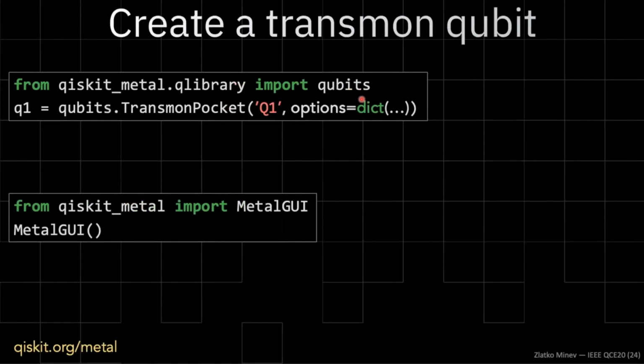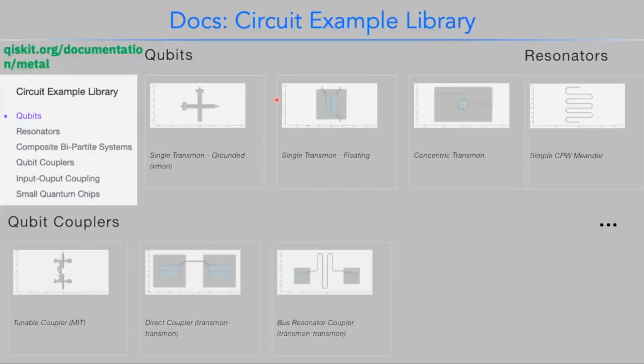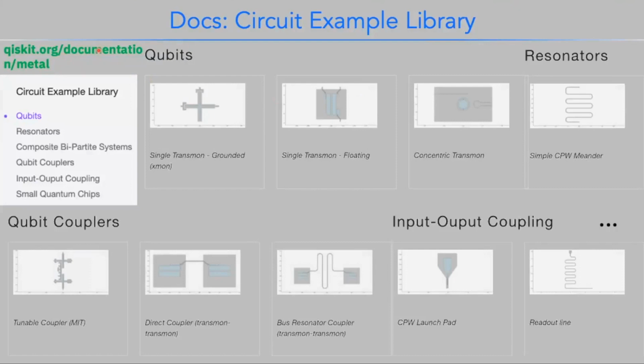Now, how do you know what this library is and what it contains? Maybe the easiest way is to go to the documentation on qiskit.org.